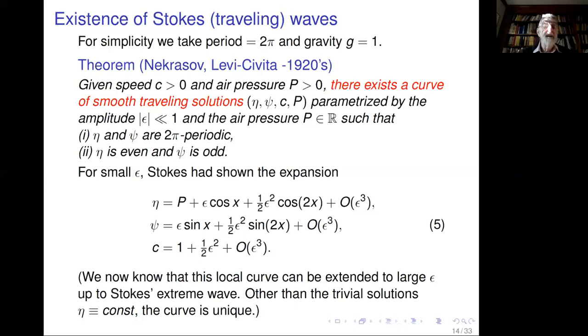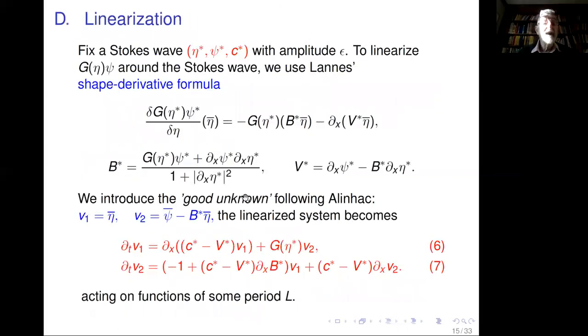We know actually that you have a much bigger curve of traveling waves, but we're only talking about the small ones today. So I take a fixed Stokes wave. I'm going to put an asterisk on anything having to do with the fixed Stokes wave, the traveling periodic wave of period 2 pi.